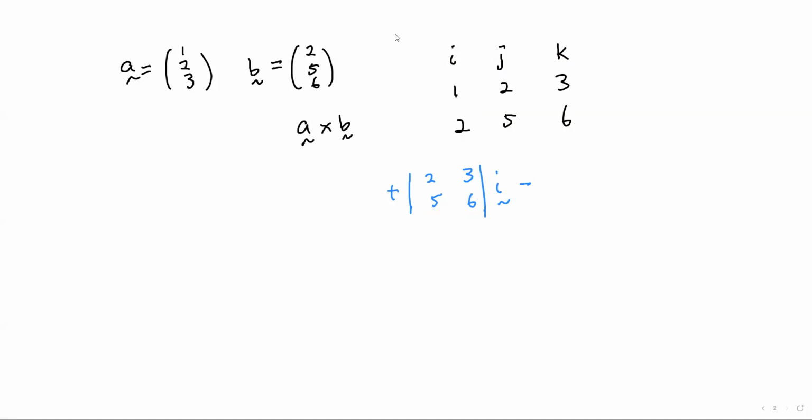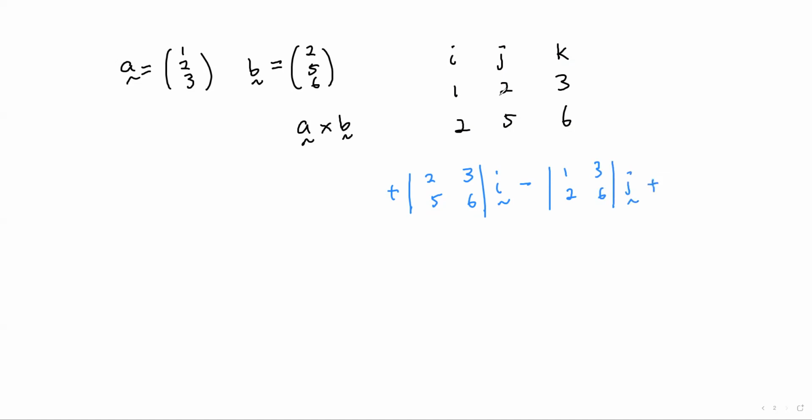For the minus, I cross out the first row and the second column. So I'll be looking at 1, 2, 3, 6. That will be our J component.